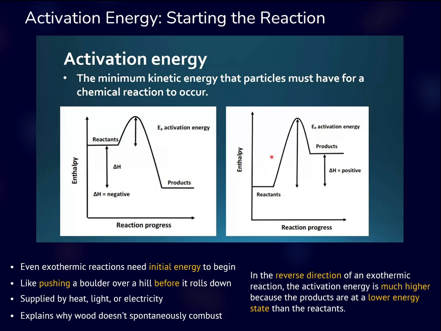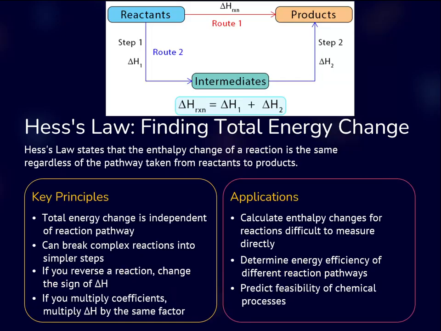Now, if you reverse the reaction, the activation energy is much higher because now you're going from a low energy product to a high energy reactant, which requires more input. Hess's law says that energy change in a reaction is pathway independent. This means it doesn't matter how many steps the reaction takes.